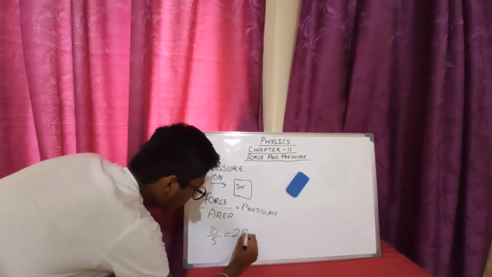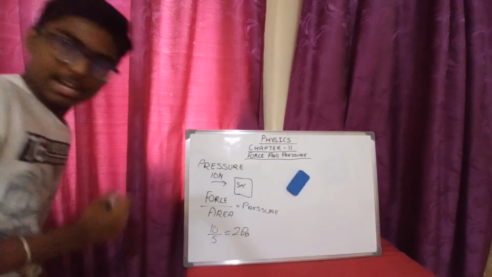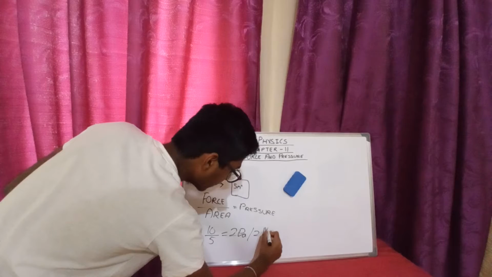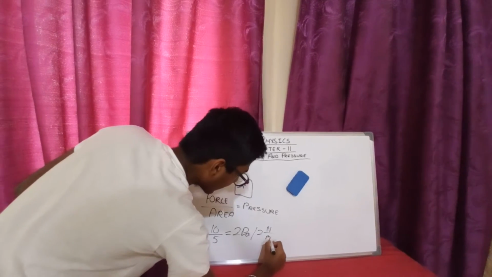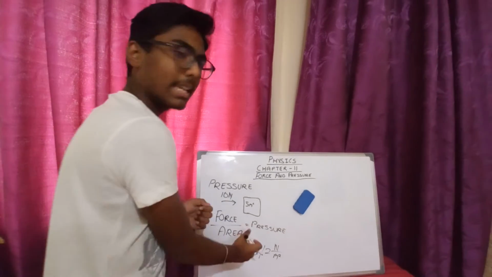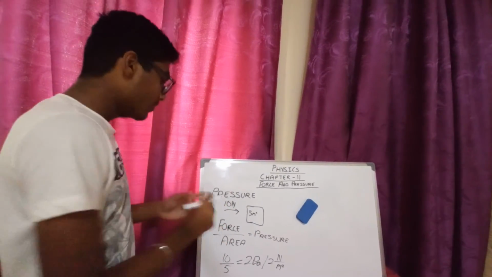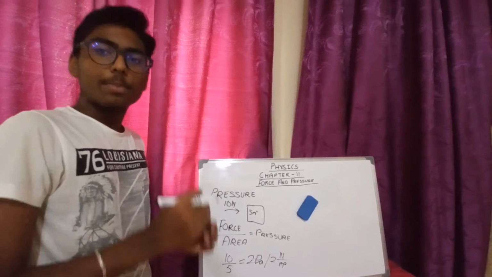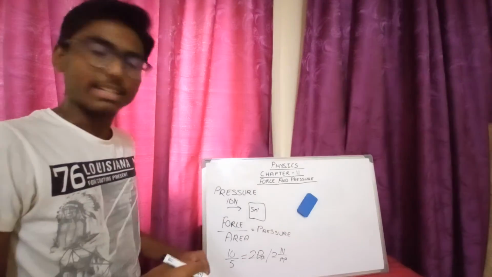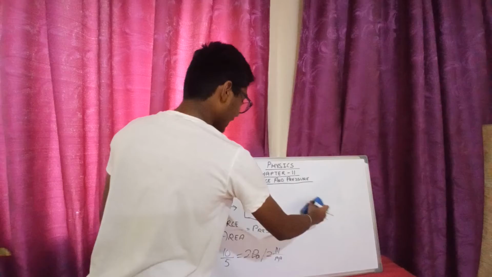So it will be 2 Pascal. We can write Pascal, or we can write the unit as 2 N per meter square. N per meter square is also written as Pascal, Pa. So now you would have understood what pressure is. Pressure depends on the force and on the area on which it is acting. Now we'll take another example.